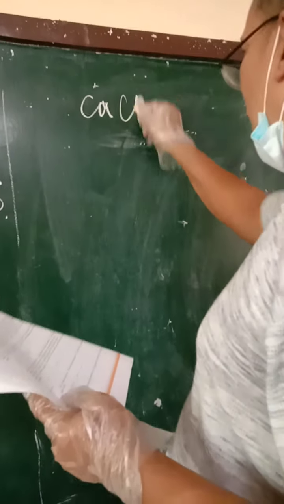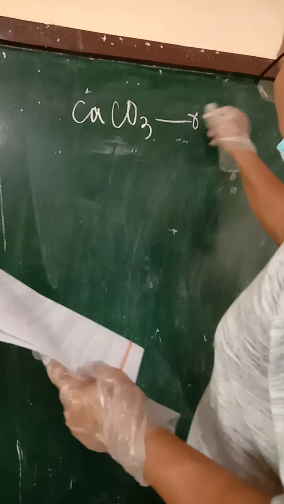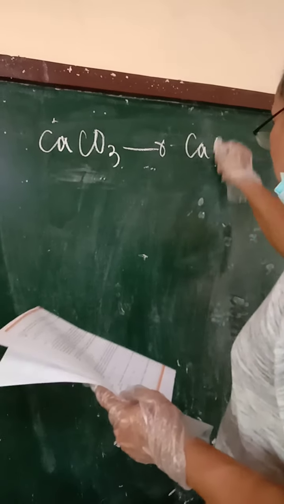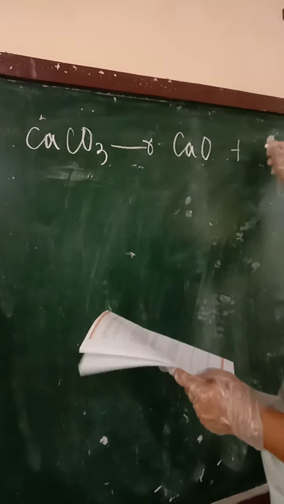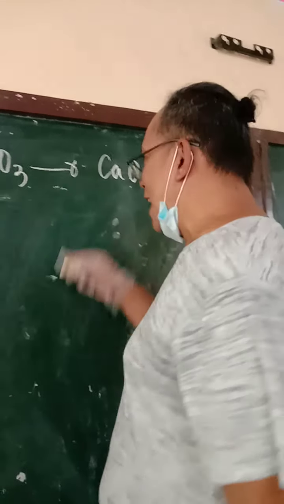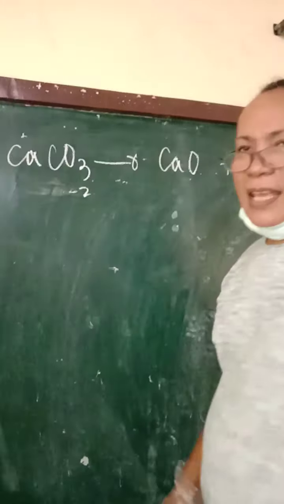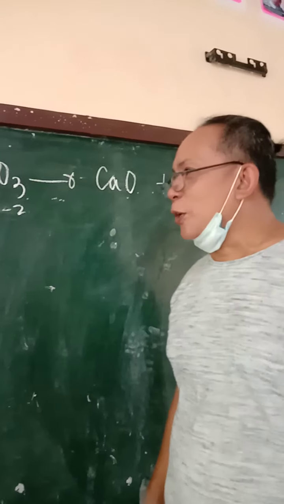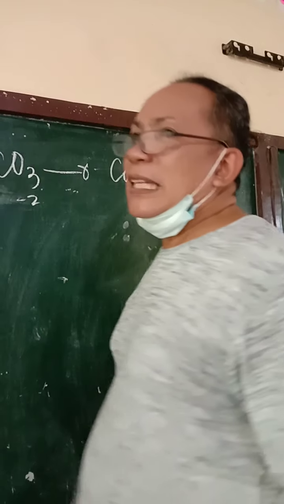Calcium carbonate will break down to calcium oxide and carbon dioxide. Look at this. Oxygen is always -2. Calcium belongs to group 2A, so it has +2.